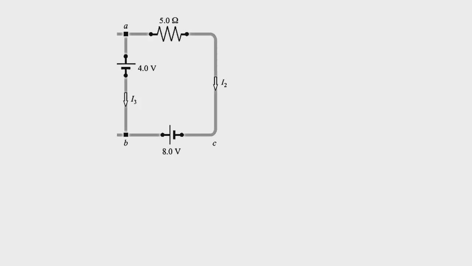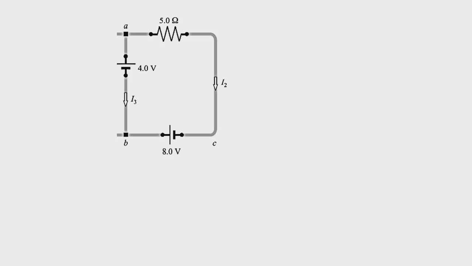And for the second loop, we have 4 volts, we have 8 volts, current 3, current 2, and resistor, which is 5 ohms. And so we are going to apply the same principle as what we did in the first loop.